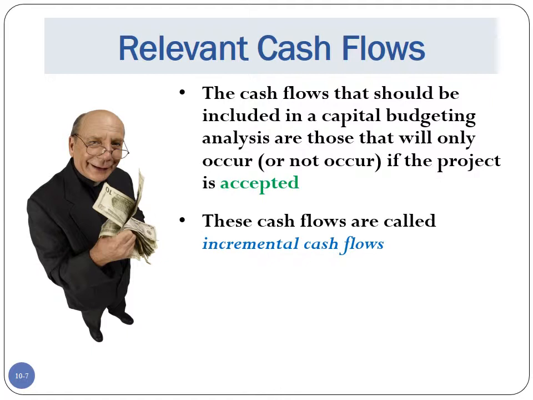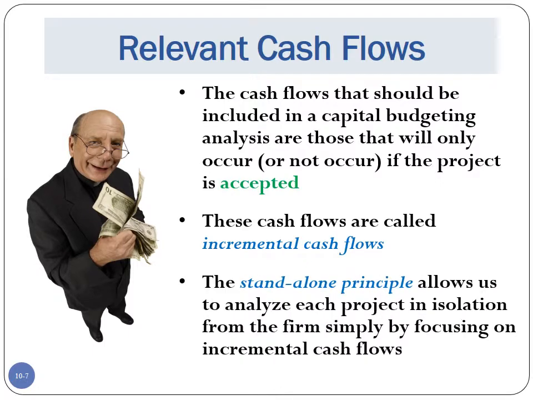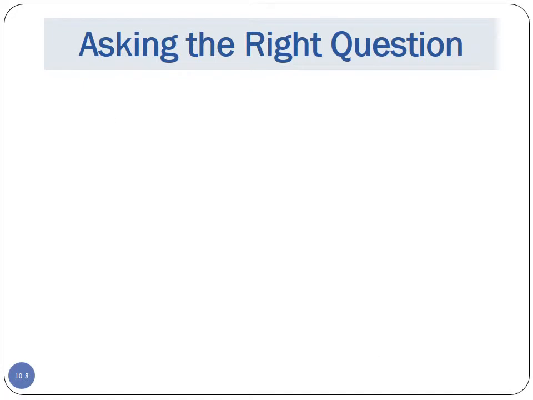They are a change as a result of project acceptance. The standalone principle allows us to analyze each project in isolation from the firm simply by focusing on the incremental cash flows. So we look at what is changing as a result of accepting or rejecting an individual project.